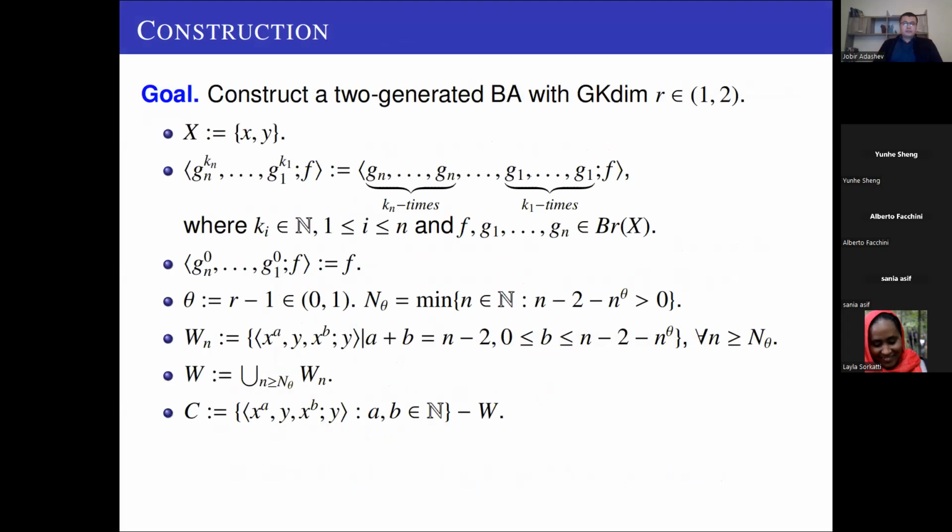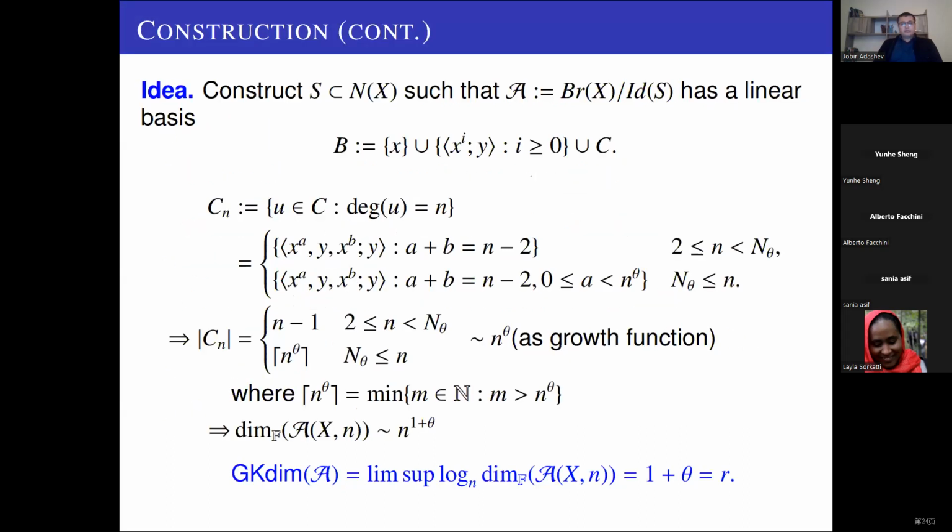But a plus b equals n minus 2, so we can translate this condition to a restriction on a. We can write it like this: a is greater than or equal to 0 and less than n to the power theta. Now we count the number of words in C_n.